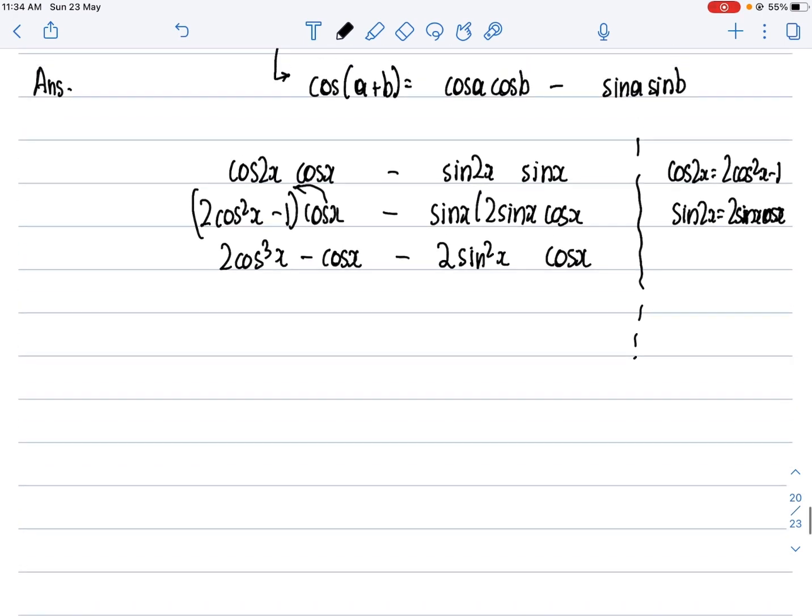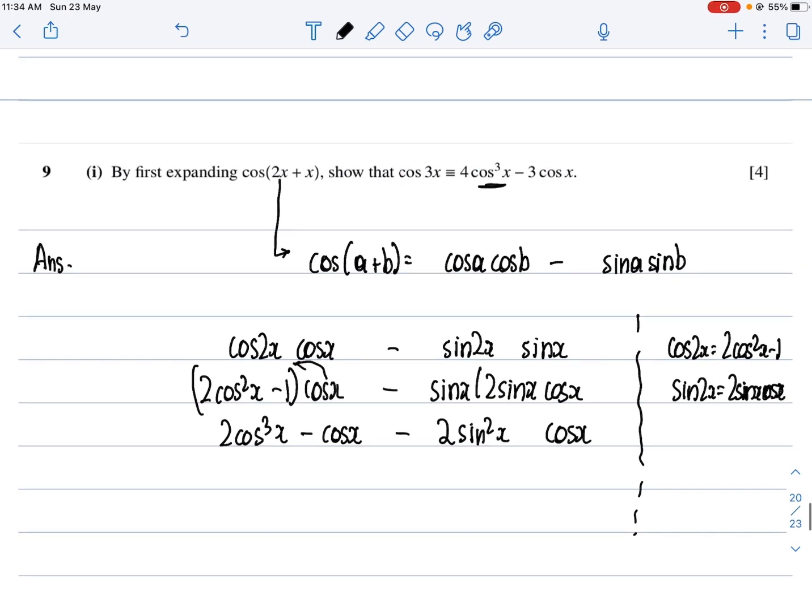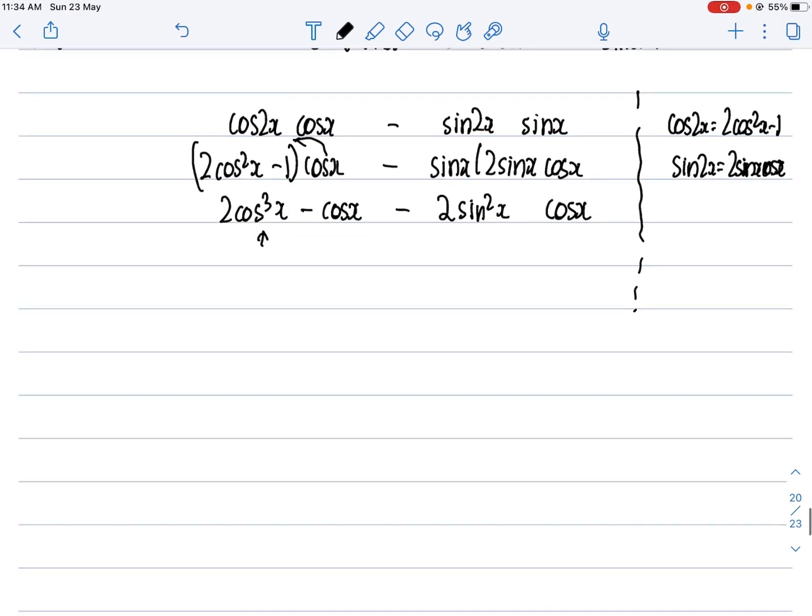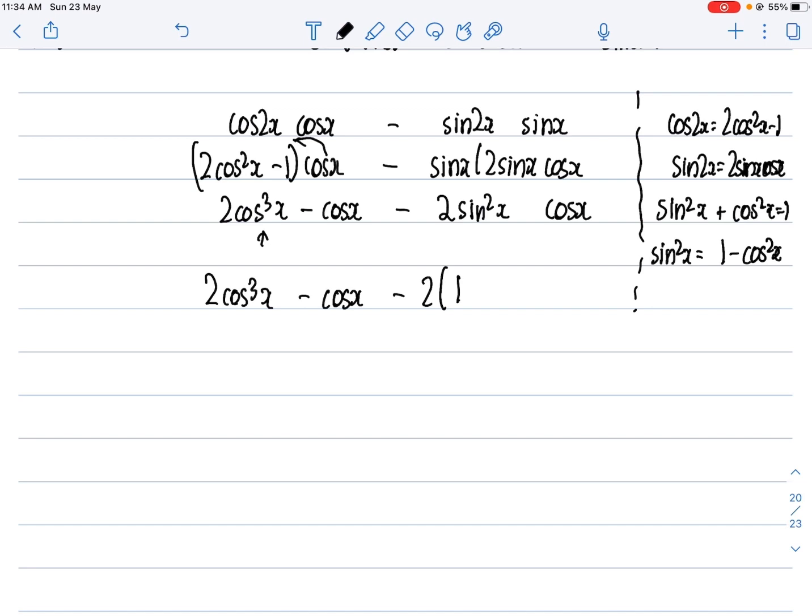Now see, I need cos cube x here. That means this needs to remain. But what I can do is write this as 2 cos cube x minus cos x minus 2 cos x times sin square x. I know that sin square x plus cos square x is equal to 1, so sin square x can be written as 1 minus cos square x. So I can write 1 minus cos square x in the place of sin square x.